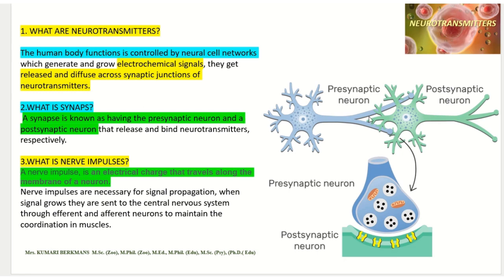The human body function is controlled by a network of nerves. They generate and pass electrochemical signals from one neuron to another neuron through a chemical substance. The electrochemical signals are called neurotransmitters.